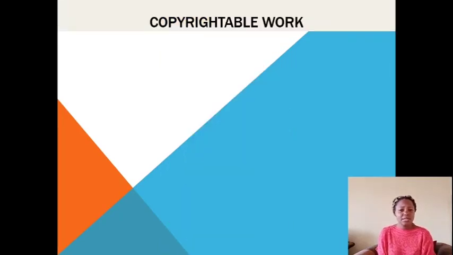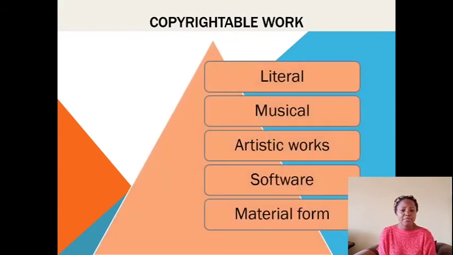Let me just give you examples of copyrightable work. Literary work such as poems, books. If you have authored a book or a poem and you have put it in a written form, that is copyrightable. Musical works, you have come up with a song. Artistic works, maybe you have painted, you have drawn something, it is in a material form, then you can protect your work.